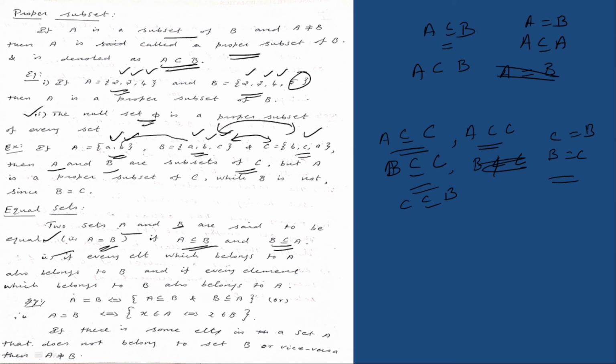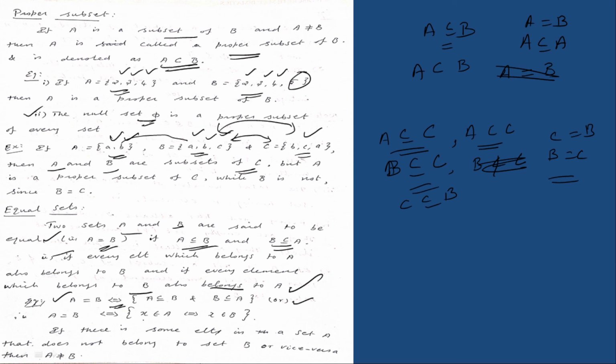If every element which belongs to A also belongs to B, and every element which belongs to B also belongs to A, then A is equal to B if and only if A is a subset of B and B is a subset of A.